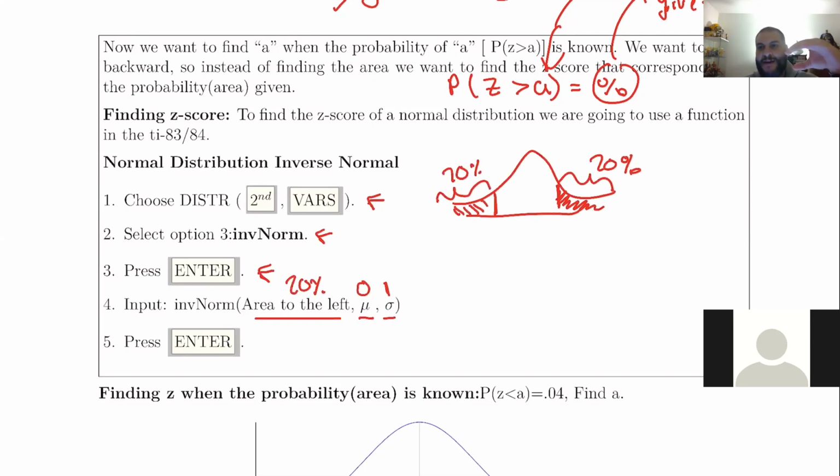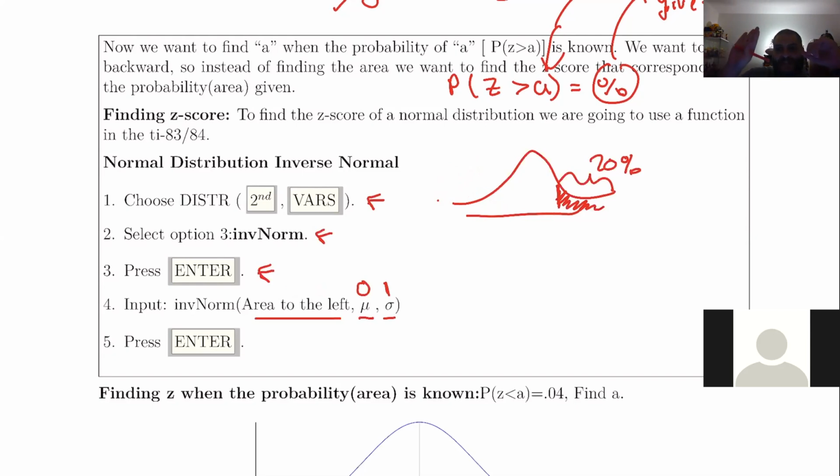So whatever area you give it, and the area always has to be in decimal, it always has to be the area to the left. So say I want the 20% to the right. In order for the calculator to give me the right calculation, you have to use the complement rule. If 20% of the data set is to the right-hand side, you want to figure out how much percent is to the left-hand side.